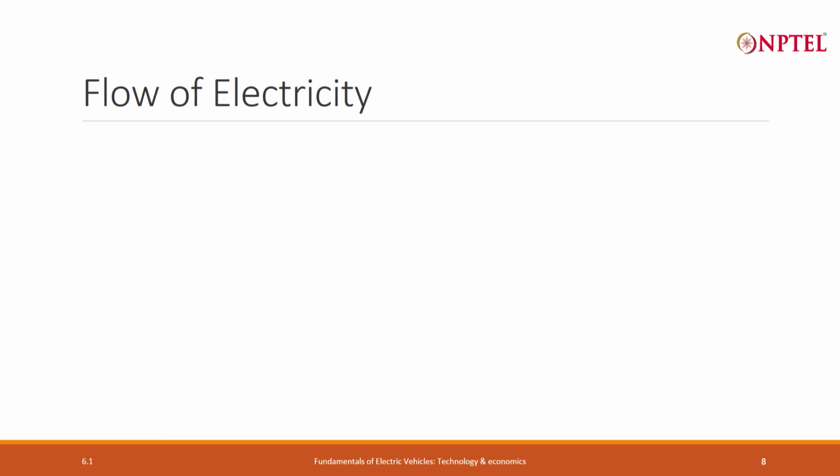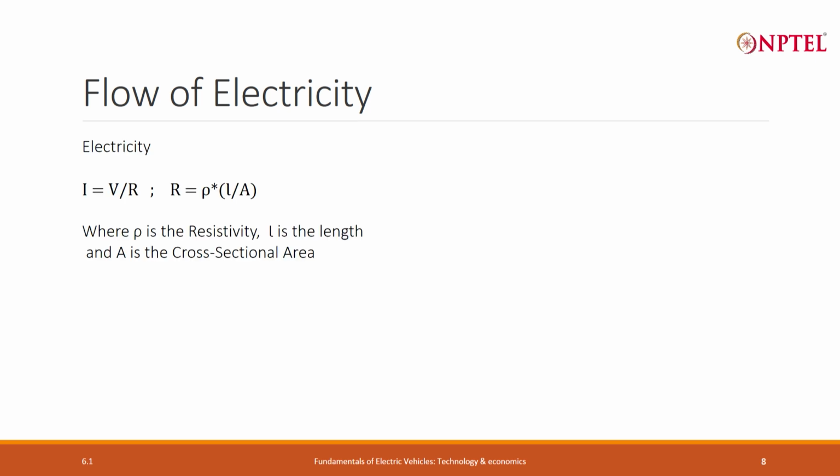Now, let us go into the flow of electricity in some detail. This is what is Ohm's law, and as I told you, the law is correct, it is useful in its own way, but normally when I want to compare one material with another material, I have got copper and I have got aluminum, and I want to know which, for example, is a better conductor.